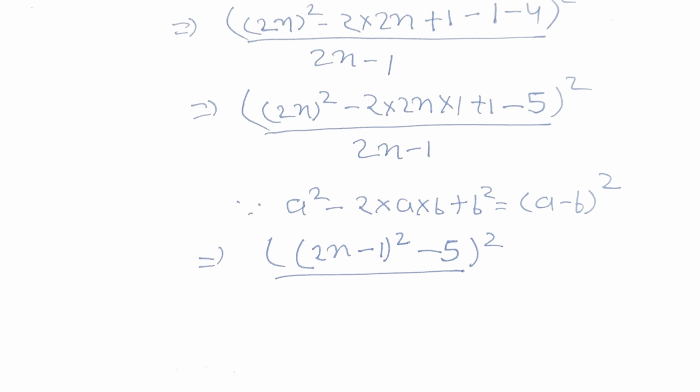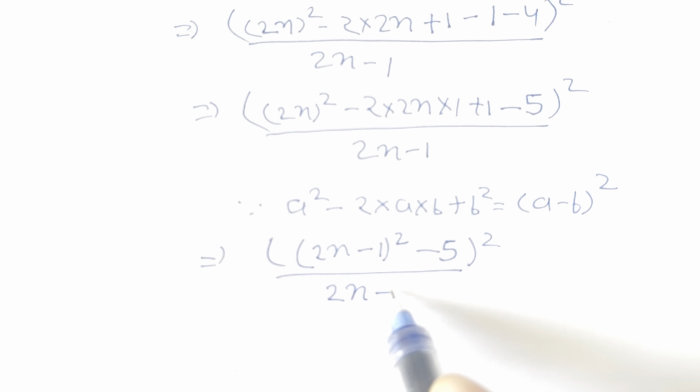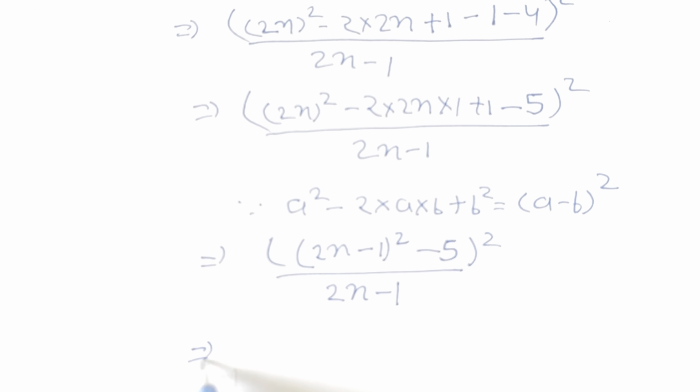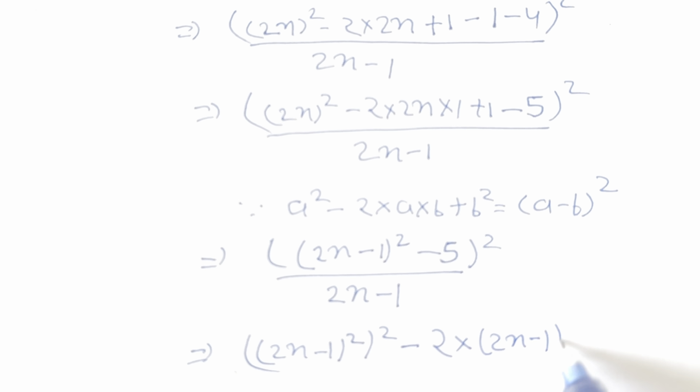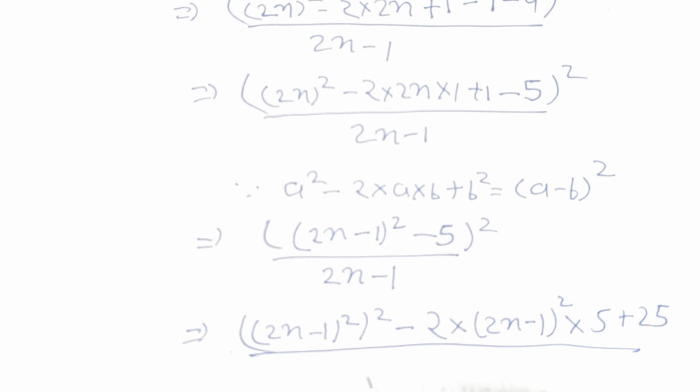Divided by 2n − 1. Now, by expanding the square formula, what will we get? ((2n − 1)² − 5)², a² − 2 into a, which is (2n − 1)², into b, which is 5, plus b² is 25, divided by 2n − 1.